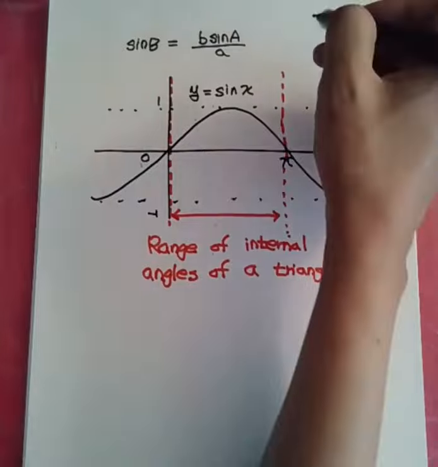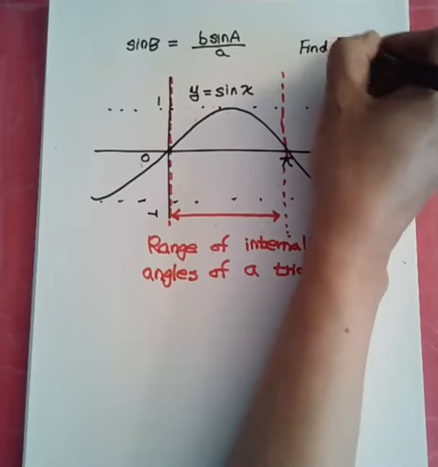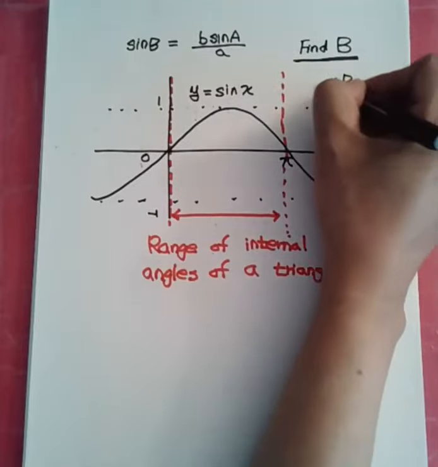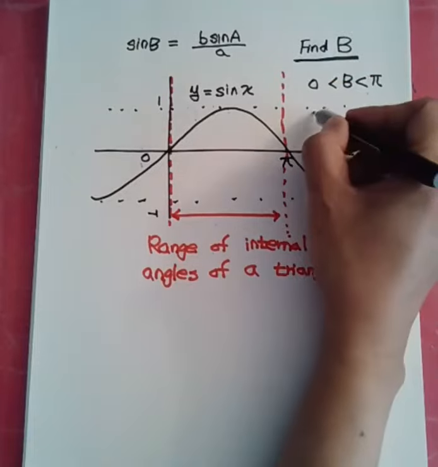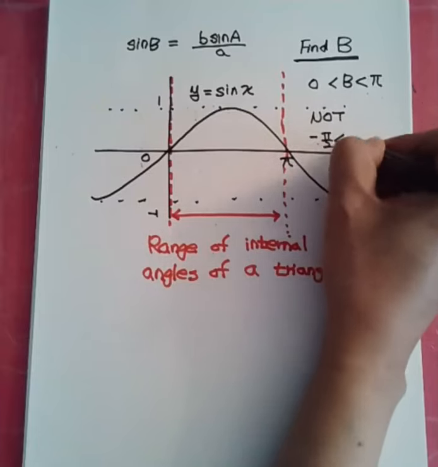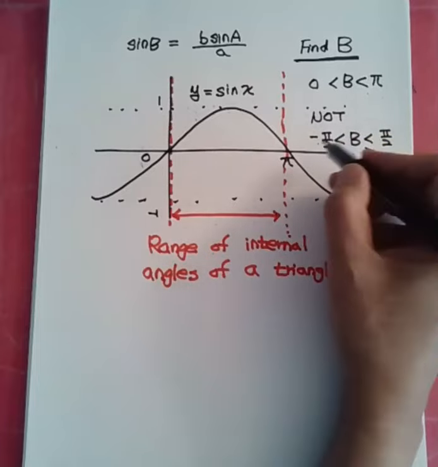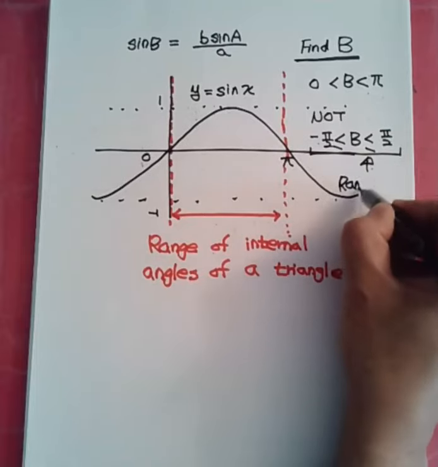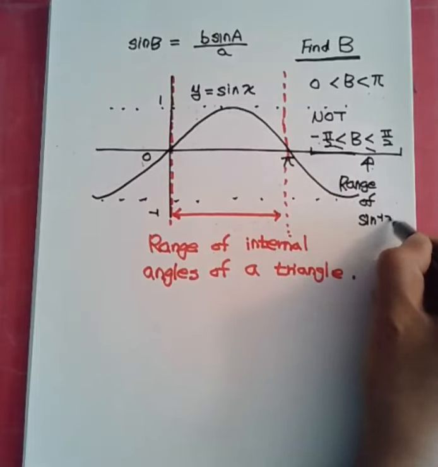If you try to find B, B ranges between 0 and pi. It is not minus pi over 2 to pi over 2. This is not the range of the sine inverse function.